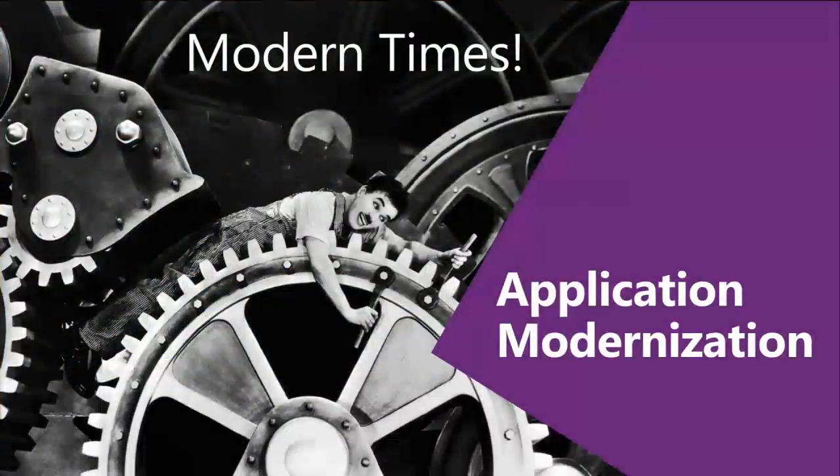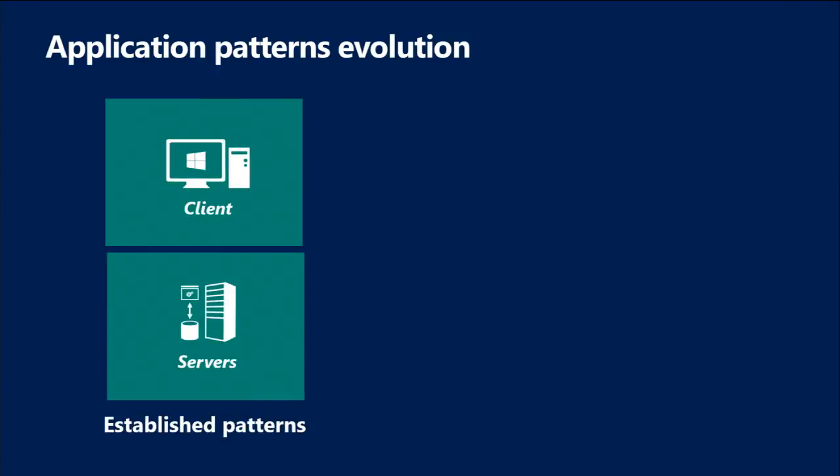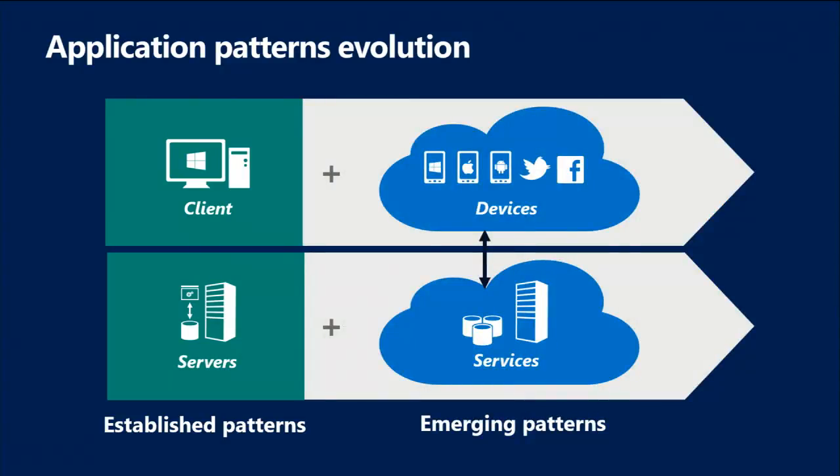So the third area I want to talk about is application modernization, or modern times, like I like to say. Up to now, we've been talking about established patterns, whether our application is a client application or a server where we have all the business logic and so on. And then those established applications are evolving for many scenarios to emerging patterns.